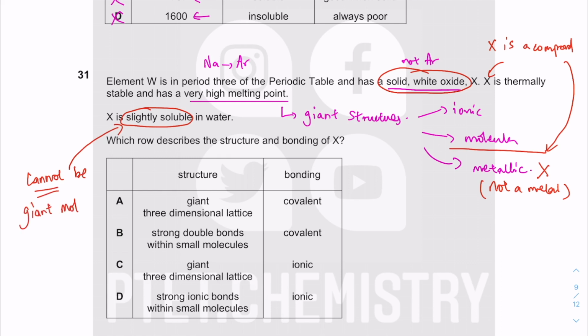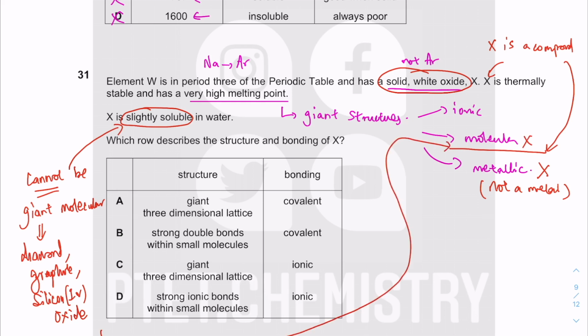When you think about your giant molecular structures: diamond, graphite, silicon dioxide, which is sand, or silica. None of these dissolve in water. None of these is even slightly soluble in water. So it cannot be giant molecular, because it dissolves slightly in water.